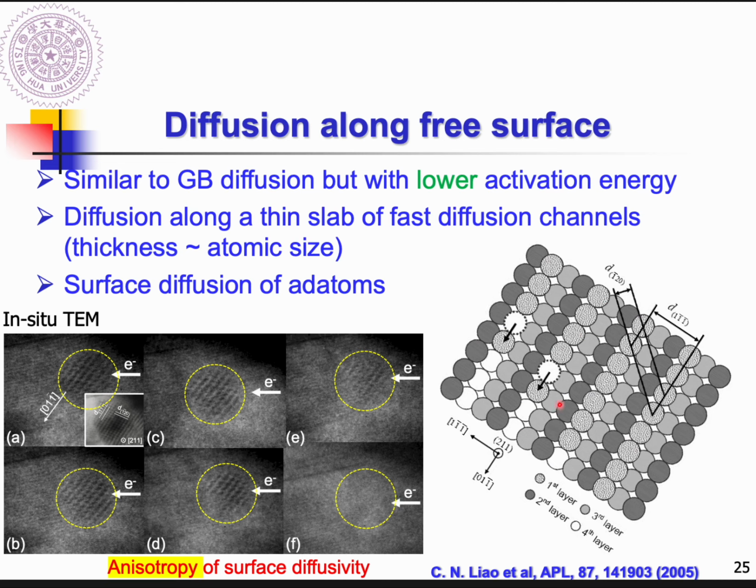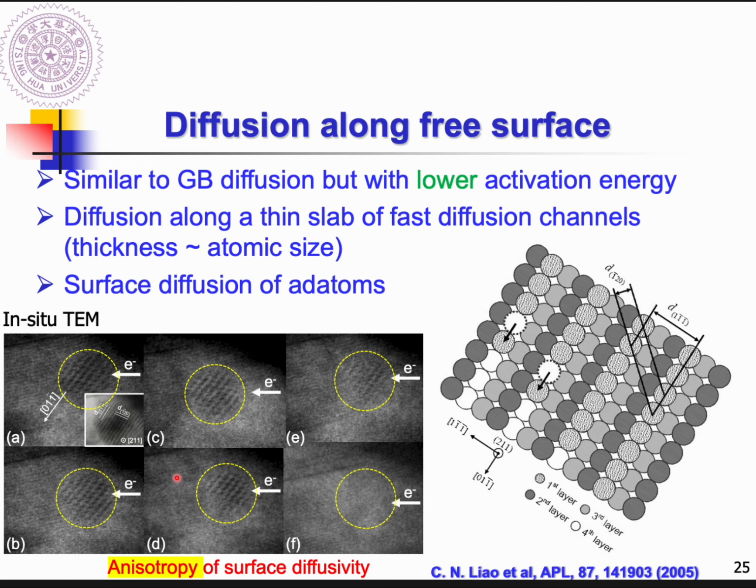So he proposed that the mechanism is probably due to the electron flow pushing the atomic movement, so these copper atoms diffuse through these channels.